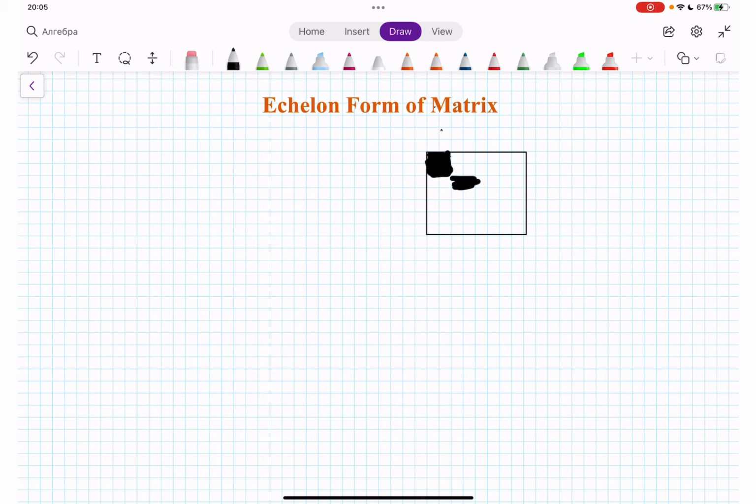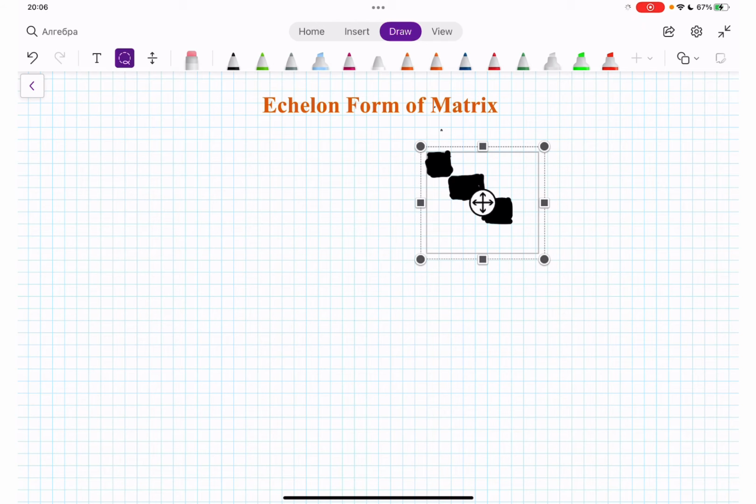This is the second one, it goes by diagonal. Third one. And we need the fourth one. So this is going to be the fourth one. So if you see, this looks like a step matrix.